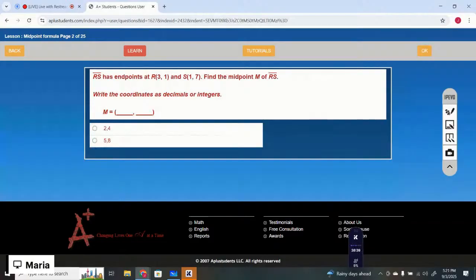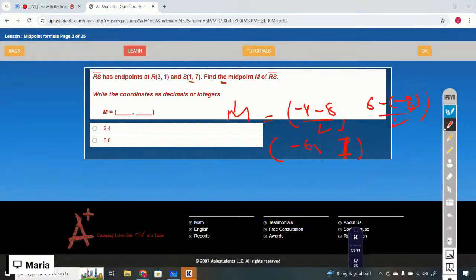RS has the endpoints 3, 1 and 1, 7. Find the midpoint M of RS. The midpoint is x1 plus x2 over 2: 1 plus 3 over 2, 1 plus 7 over 2.